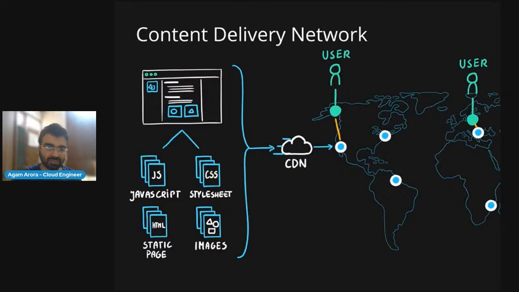So if a user is currently in India or somewhere else, it does not matter if the main server is present in the US or anywhere else, the latency will be quite low and the website will load very fast. So that is the approach.